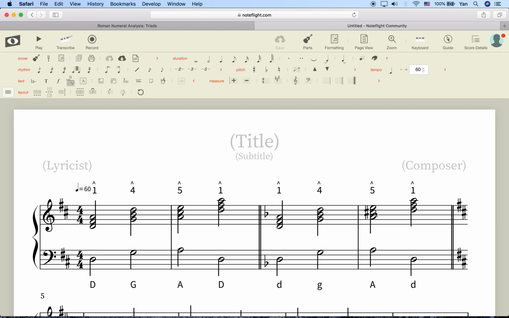So that note does not belong to the natural minor key. So why did we put it in this chord, even though this is supposed to be the diatonic triad for A minor?